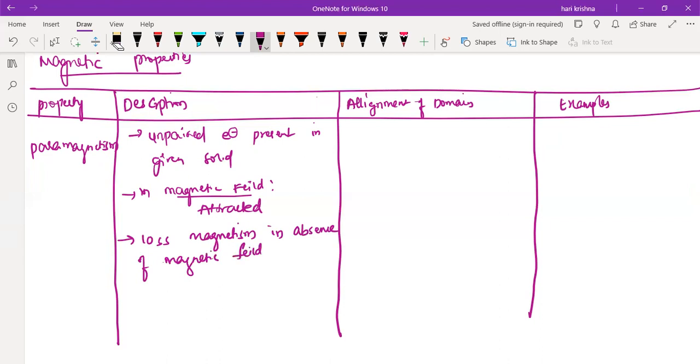So you can say it is a temporary magnet. These are the important descriptions about paramagnetism.